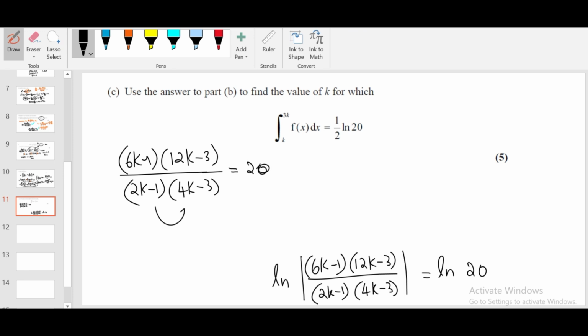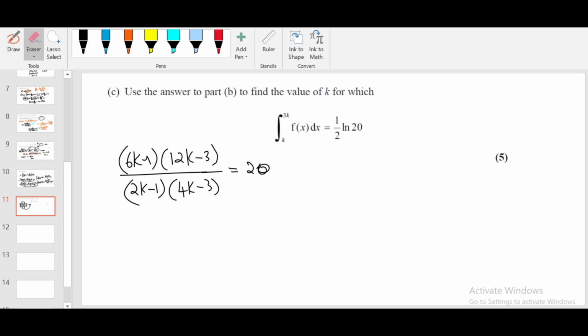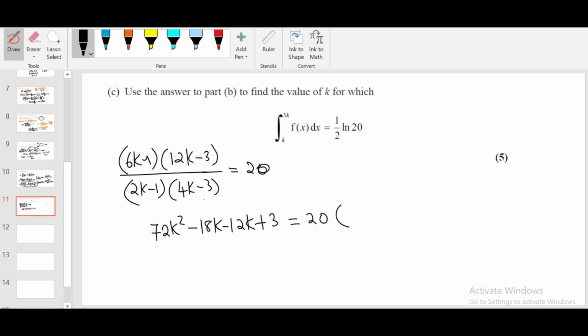Open the brackets, you get a quadratic. Bring the denominator across, and here also open the brackets. So you will get 6 times 12 is 72k square minus 18k minus 12k plus 3, is equal to 20 times, bring this here, 8k square minus 6k minus 4k plus 3. Open the bracket and put everything on one side, you will get a quadratic.